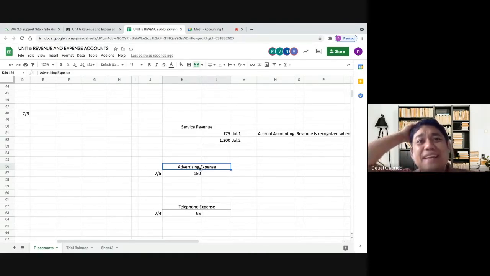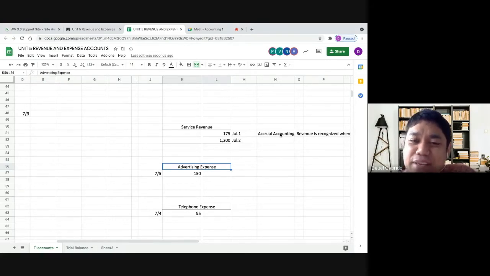But in accrual accounting, we immediately record it even if there is no payment made. This is very, very helpful, guys. So again, they advertised for us, they are done with the service, and even if we are not releasing cash yet, we have to recognize that as part of your advertising expense debit.